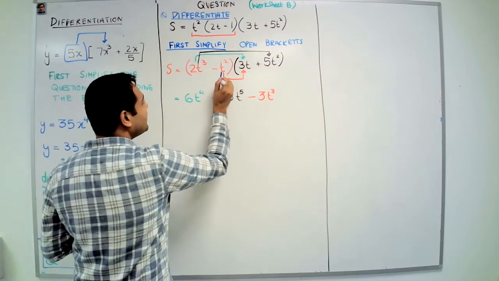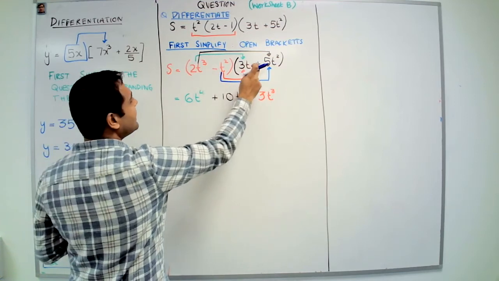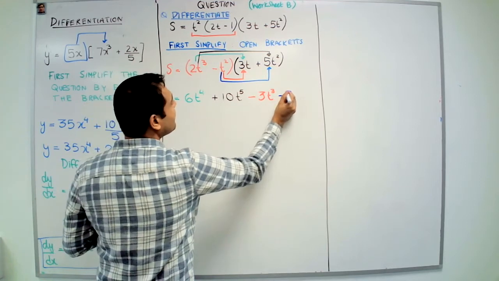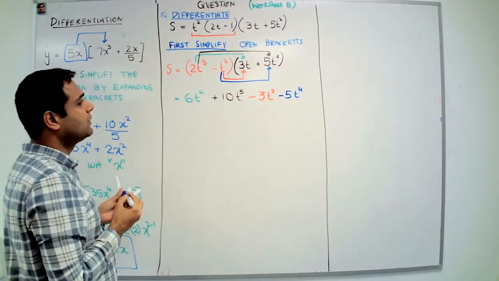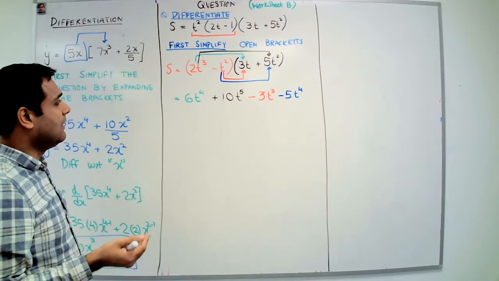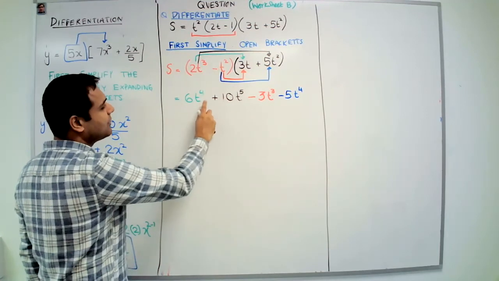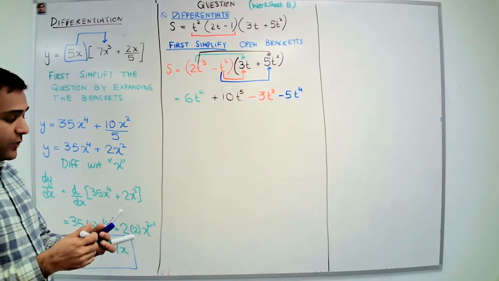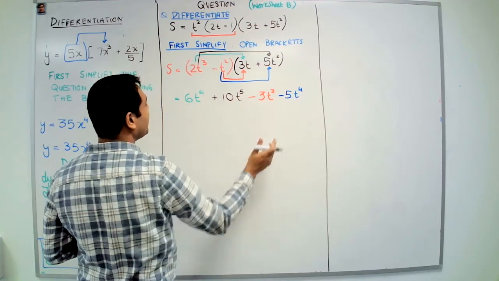Now I got this bit and that one. It's a minus and it's a plus, so that has to be minus 5t to the power 4. I will see if I can simplify anything further. If any have the same power of t, I will add them. There are two with the power 4. So this one has t to the power 4, and this one has t to the power 4.